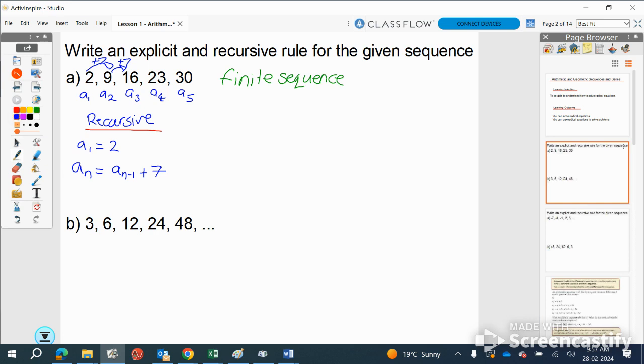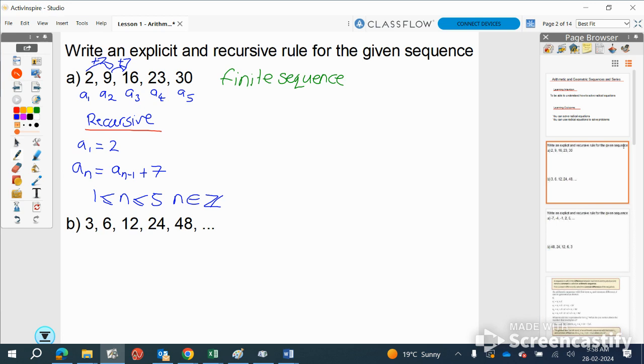So to define this sequence, we need to say that n is between 1 and 5. And as is the case with all sequences, n is always an integer. You can't have a 2.5 term in a sequence. It's not like a function. So it's always an integer. So why 5? We counted them.